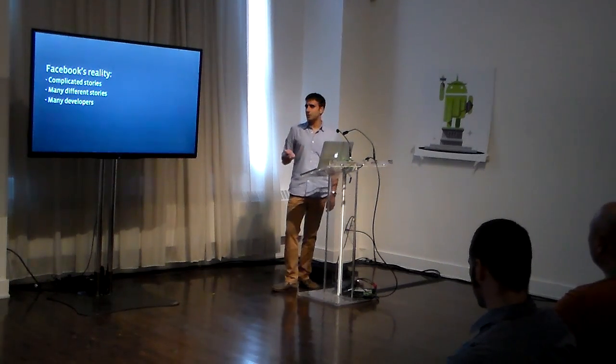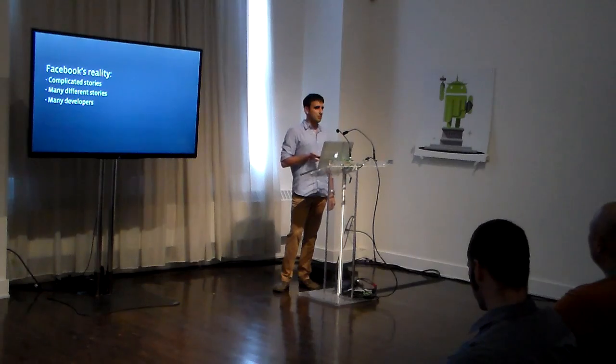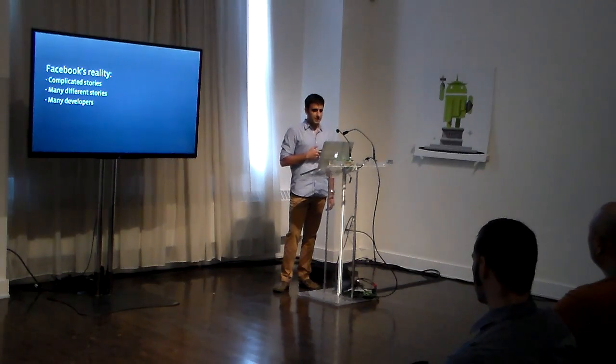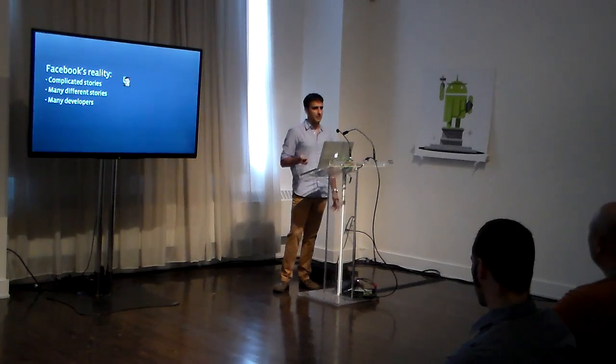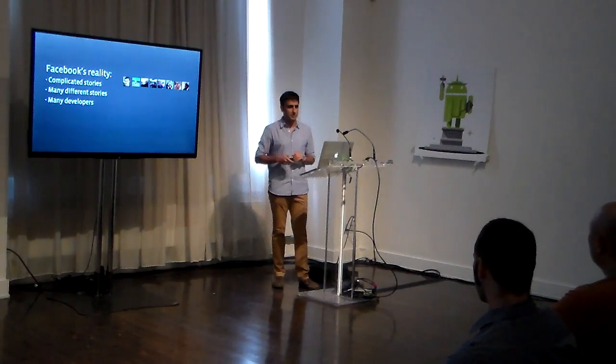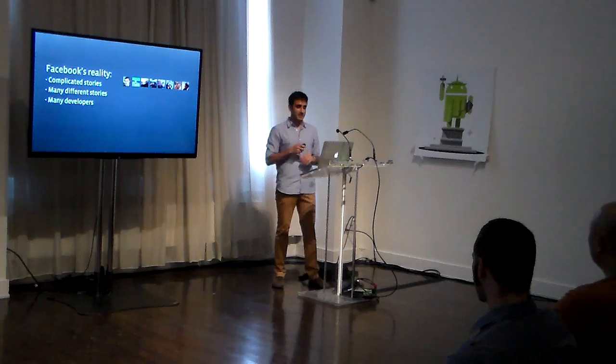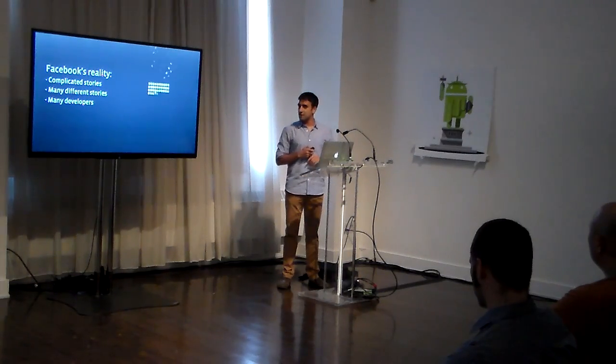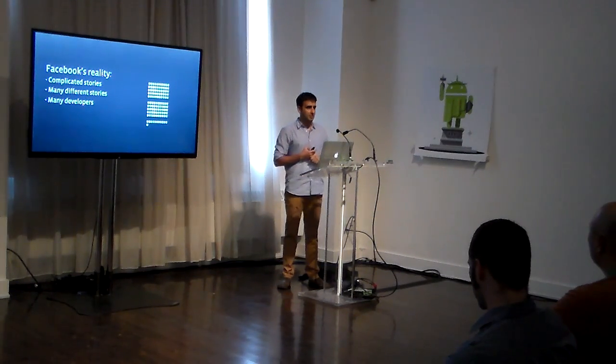Another issue you come across is that if you start working on some sample app, at the beginning you're by yourself, it's very nice, you can do whatever you want. At some point you're going to have your team with you, and then you need to watch out not to step on each other's toes. And as your app gets big, you get something like we have, which is over 100 developers committing monthly into the newsfeed code on Android.